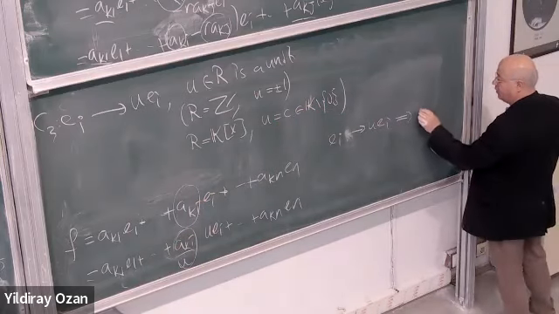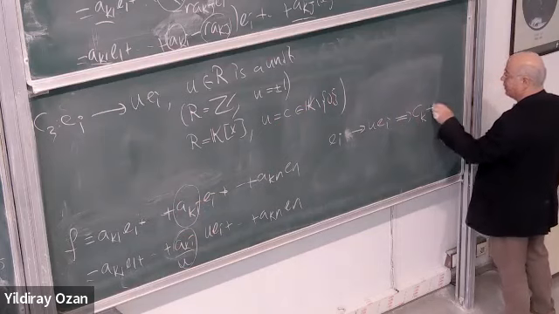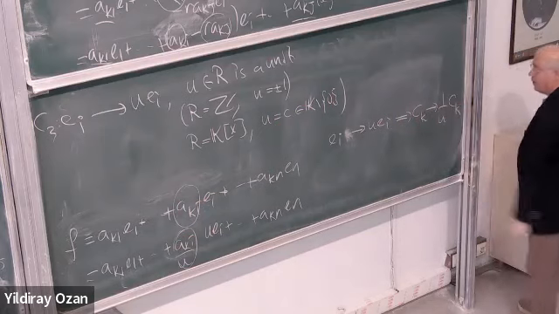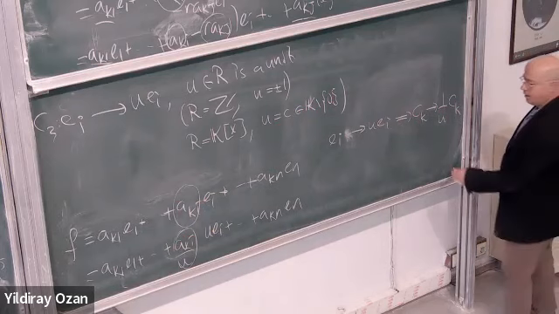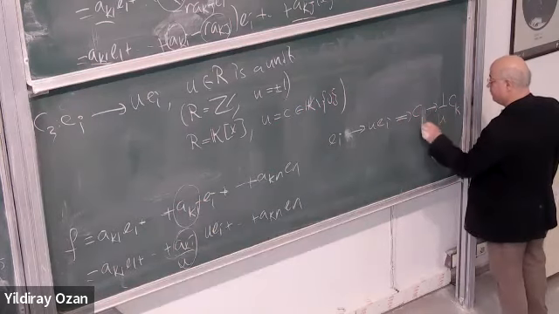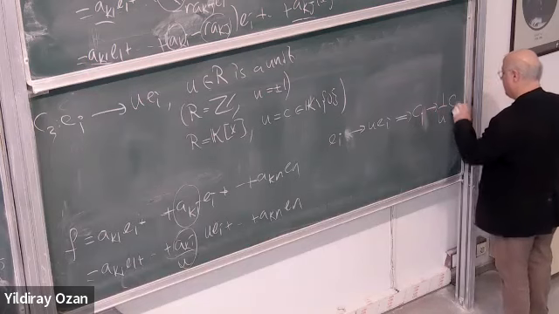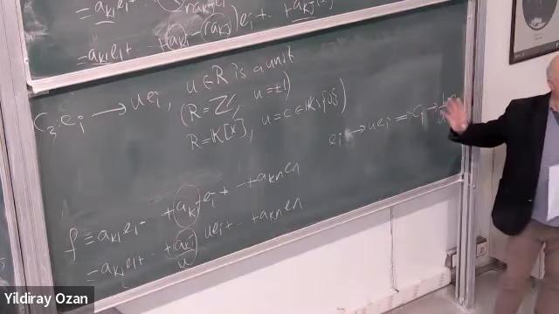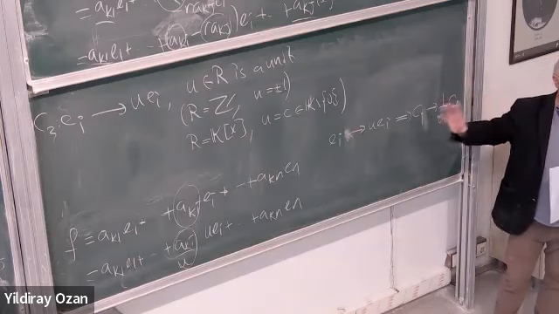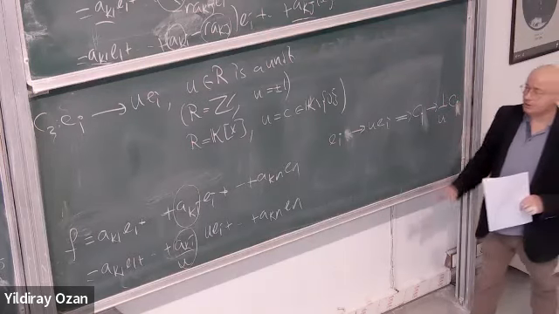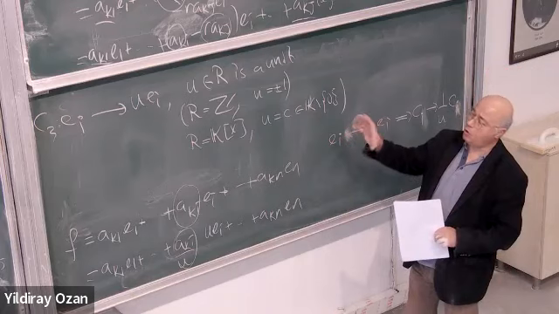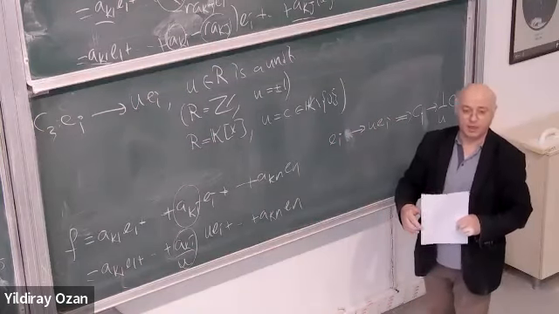So kth column c_k is replaced by 1 over u times c_k. Tamam mı? So operations on e_i's correspond to column operations. Okay, column operations. Now we can also make operations on f_i's.